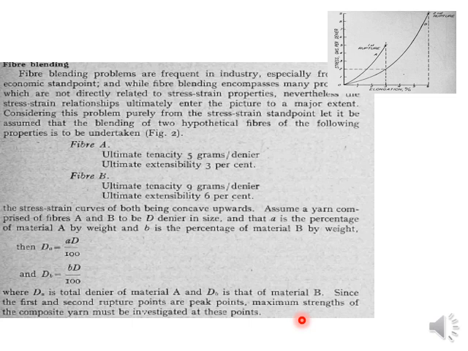Now we need to investigate the first and second rupture points. Maximum strength of the composition must be investigated at these points. So we need to study the tensile behavior of the composite yarn at the first rupture point and second rupture point, because these two fibers are blended with each other.